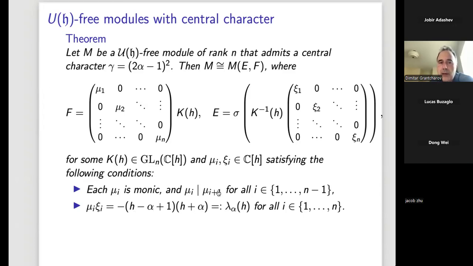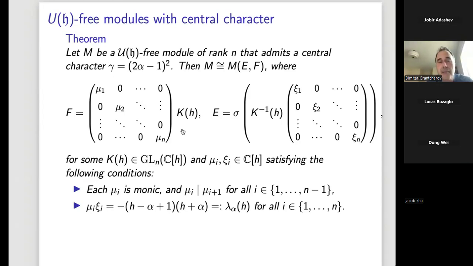In a way, you can think that this polynomial is a polynomialization of the central character, right? Because the central character and this look very similar to each other. Of course, we have a polynomial of degree 2 here, but the point is that we still need more refinement.